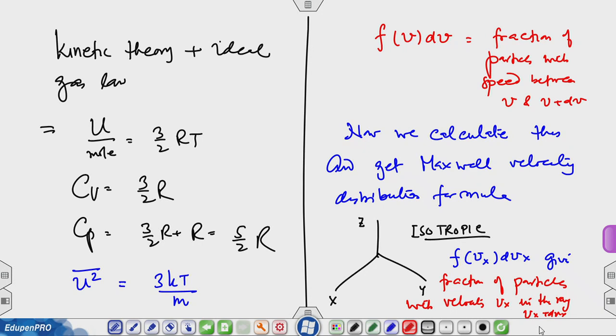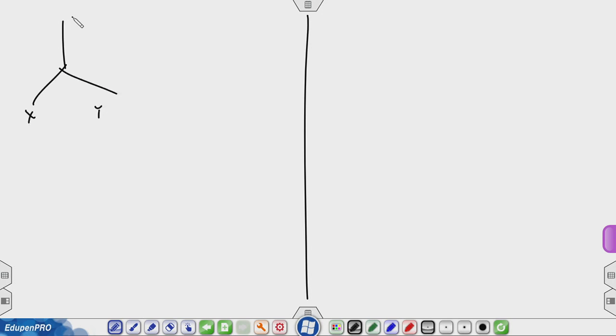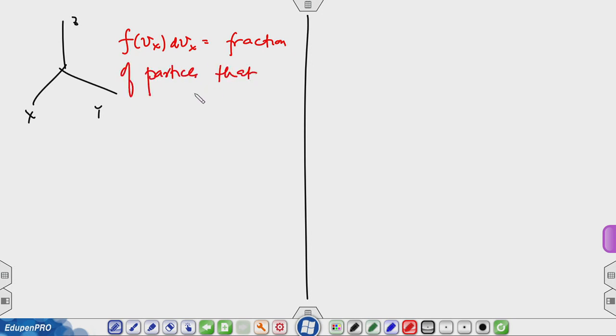Let me write it properly in the next slide. So I am assuming all these particles are moving isotropically in all three directions, and f Vx dVx is the fraction of particles that have velocity in the Vx to Vx plus dVx range.